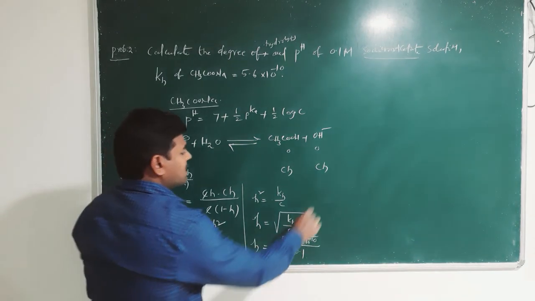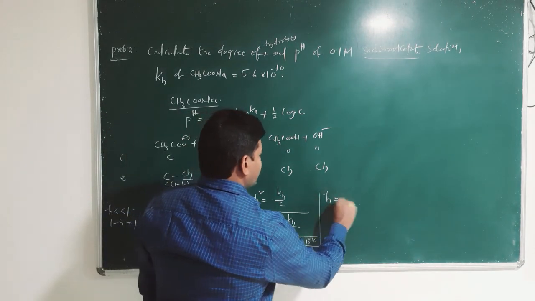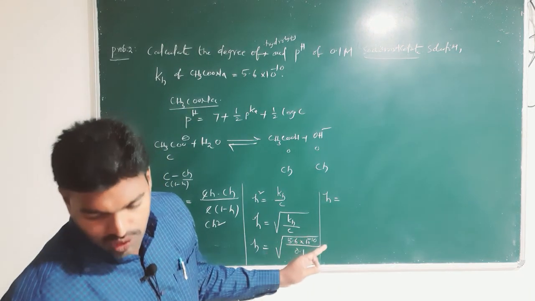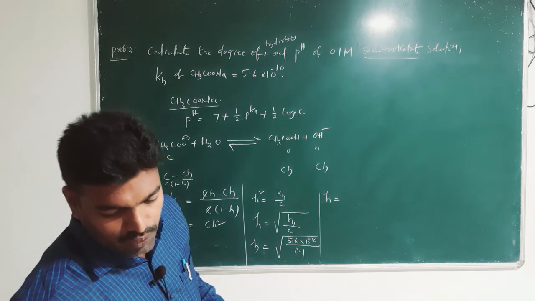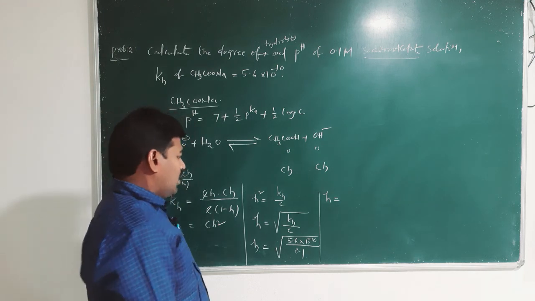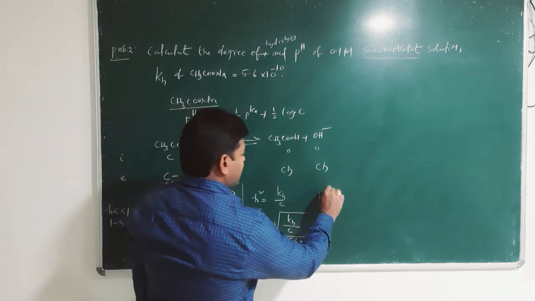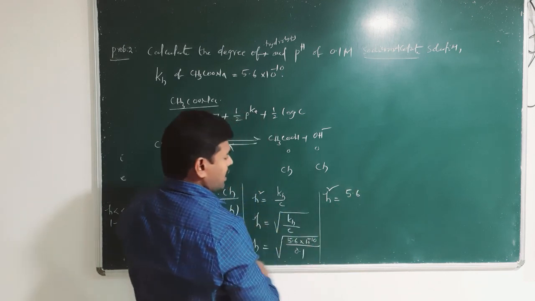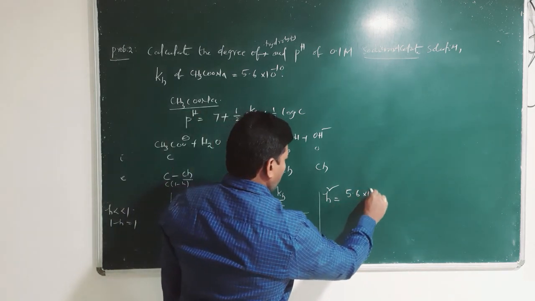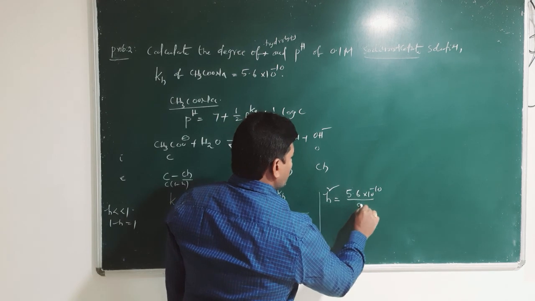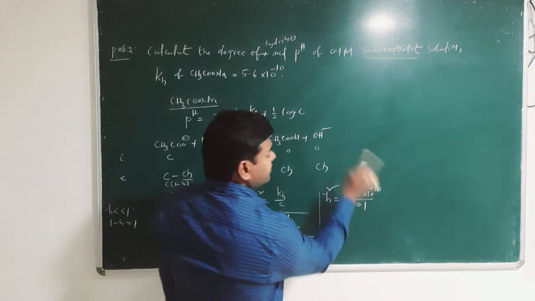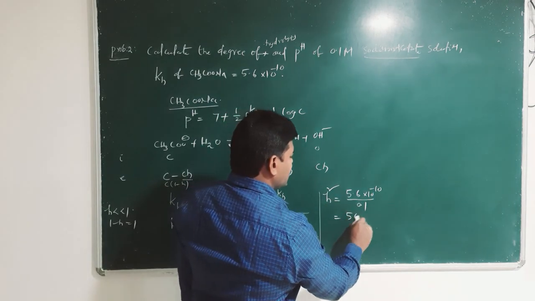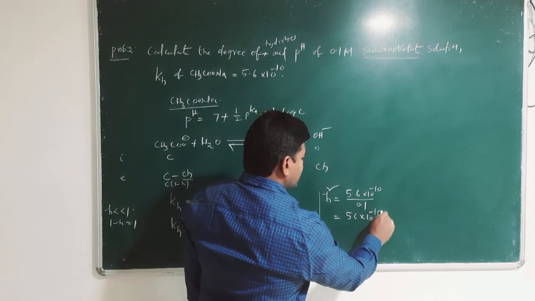When we solve this mathematical equation, we get the value of h. H squared is equal to 5.6 into 10 power minus 10 by 0.1, that is 56 into 10 power minus 10.